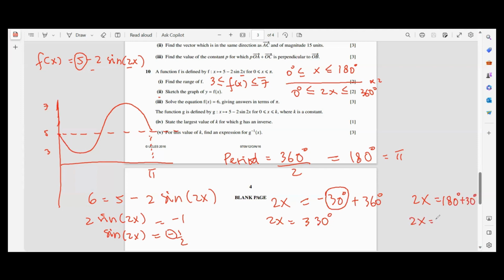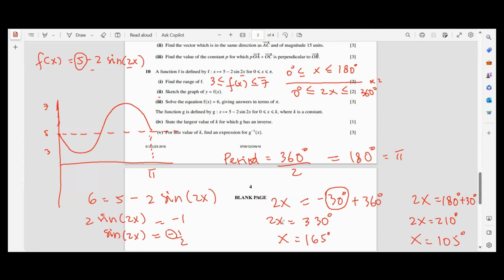So we got 2x equals 210 degree. And then for x, one is 330 divided by 2, 165 degree. And for the other one, 210 divided by 2, so 105 degree.